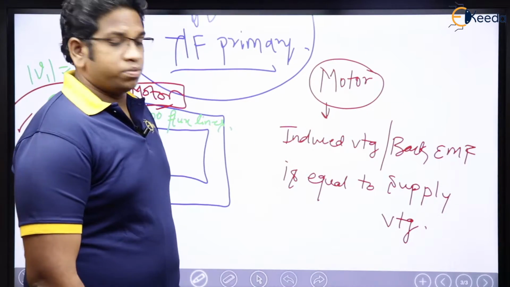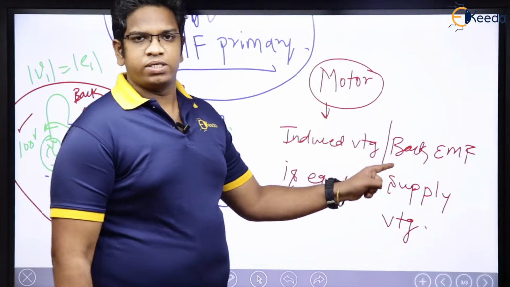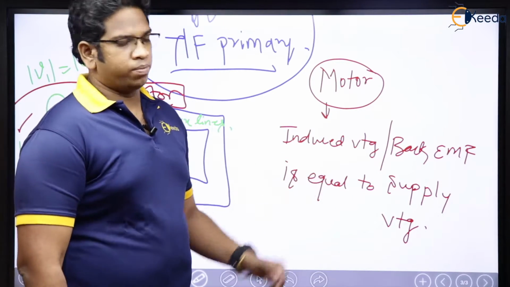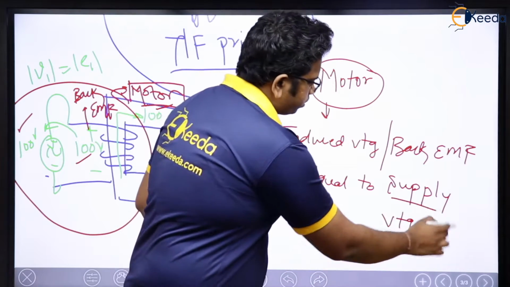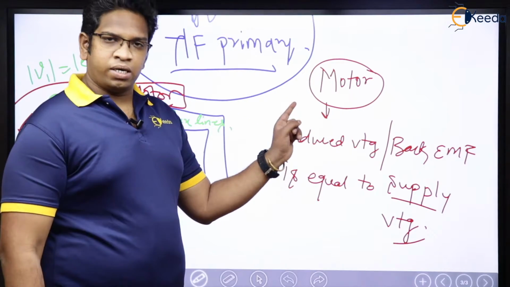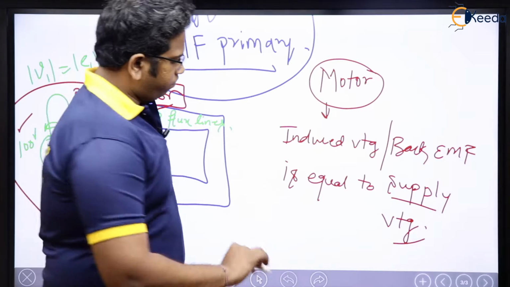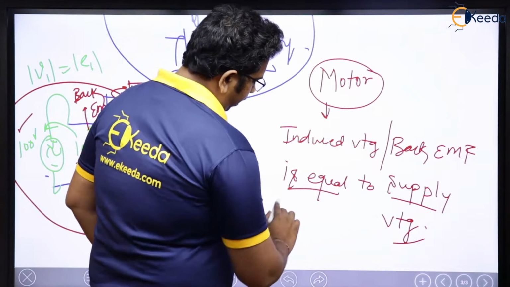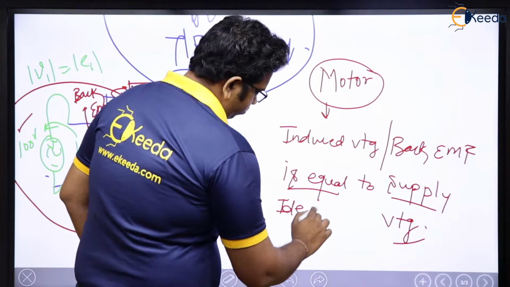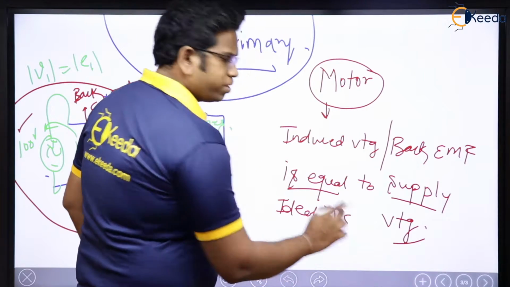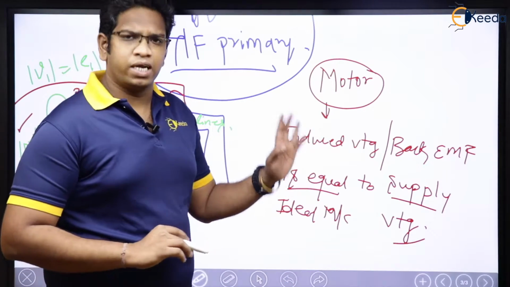It is equal to supply voltage, which means my back EMF, or induced EMF, will be dependent on supply voltage. By the way, when I say that it is equal, this is only for the ideal machine case. What happens in practicalities, we may see later.